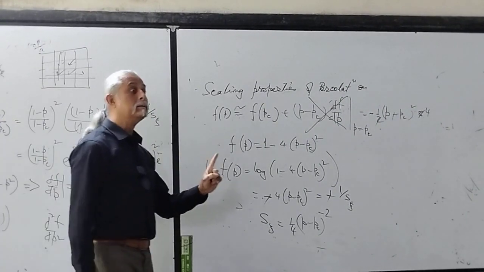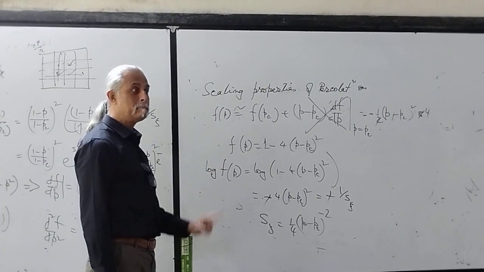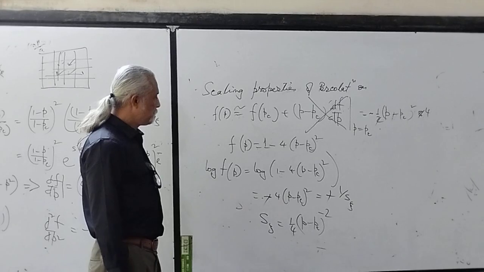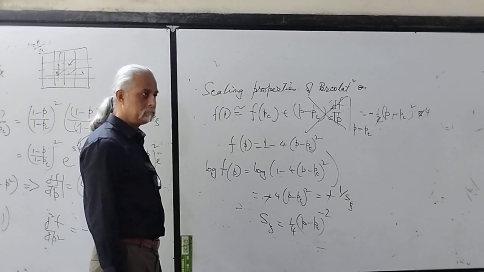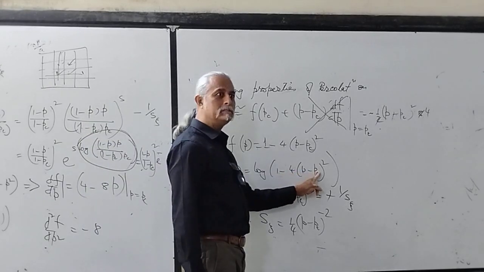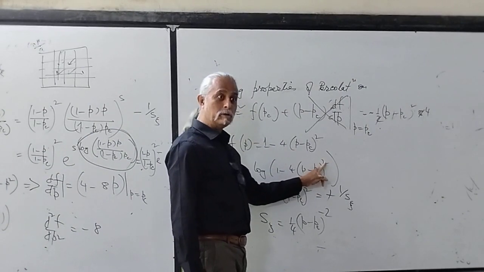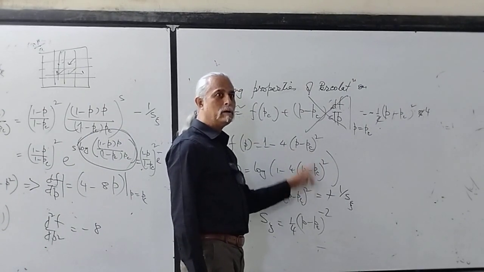আমরা জানি in general, already p minus pc is small, the square is very small. It is so small, one term is enough.